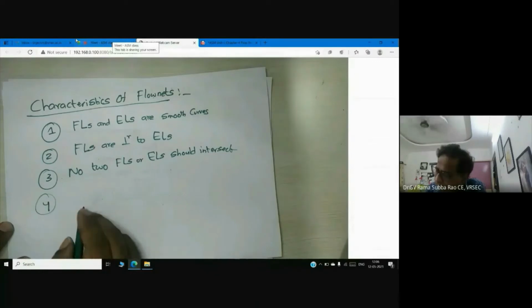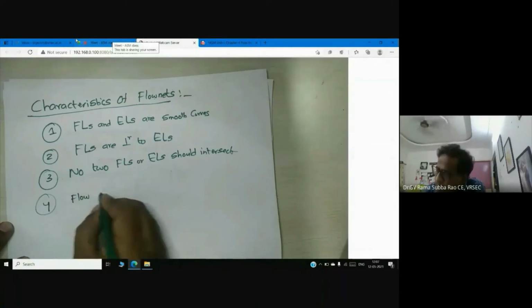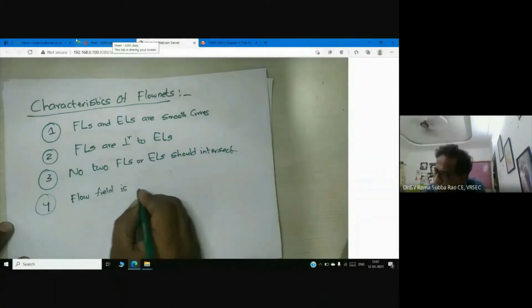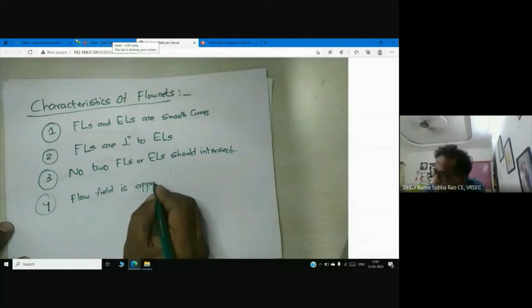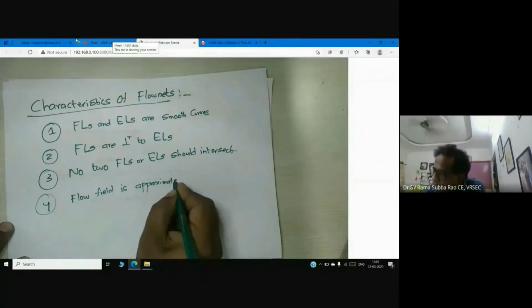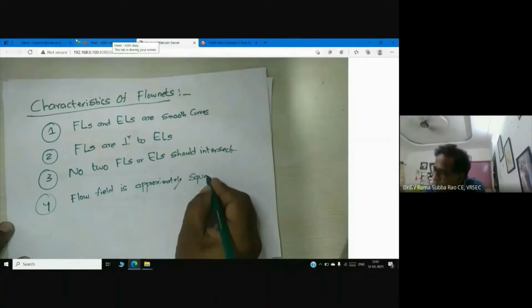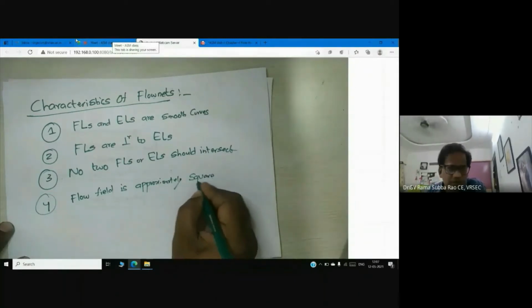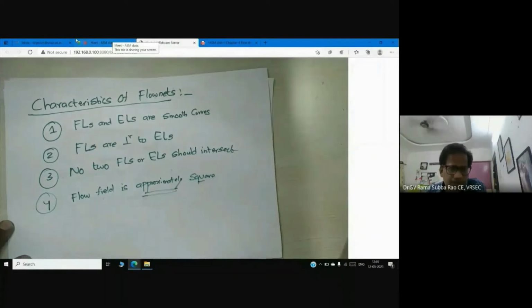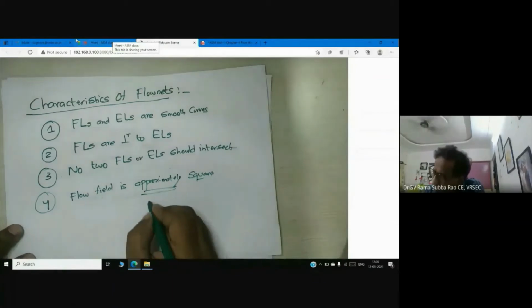The flow field is approximately square. This is very important for us, approximately square. That means you see this L by B is approximately 1.